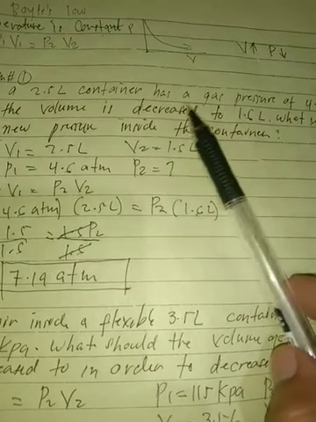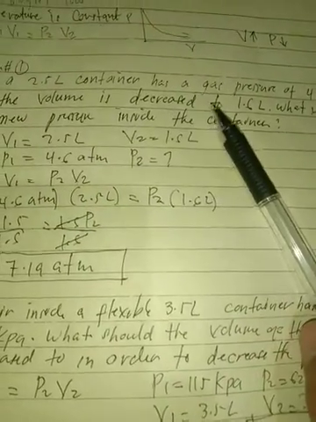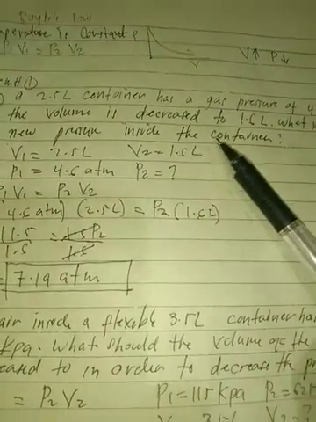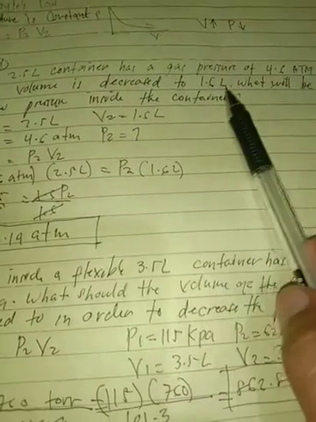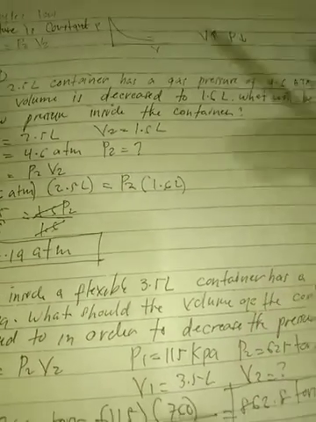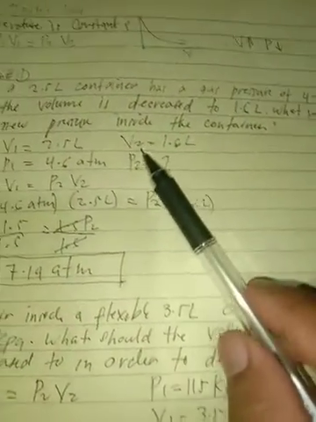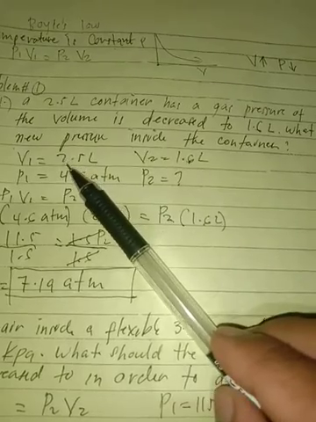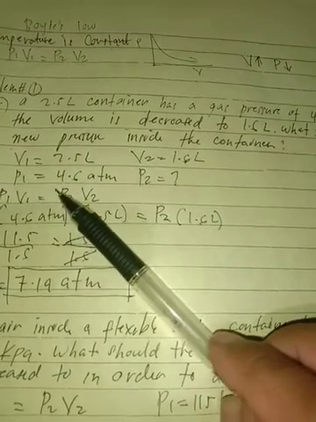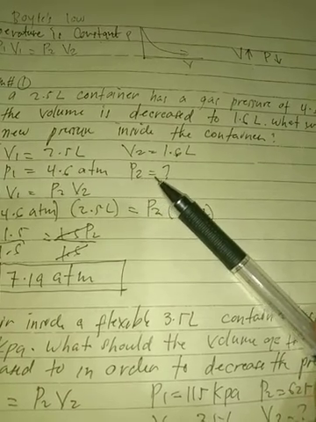Our volume 2, V2, here is 1.6 liter. This is our volume 2. So now we have the values of volume 1, volume 2 and pressure 1. What we are going to find here is pressure number 2.